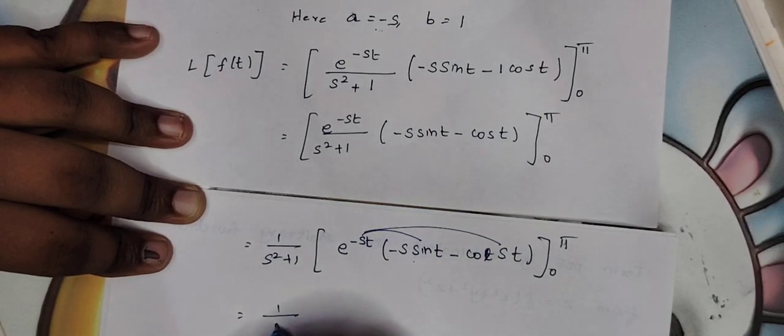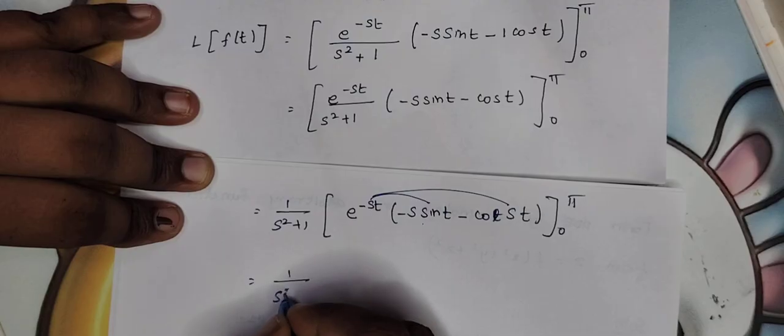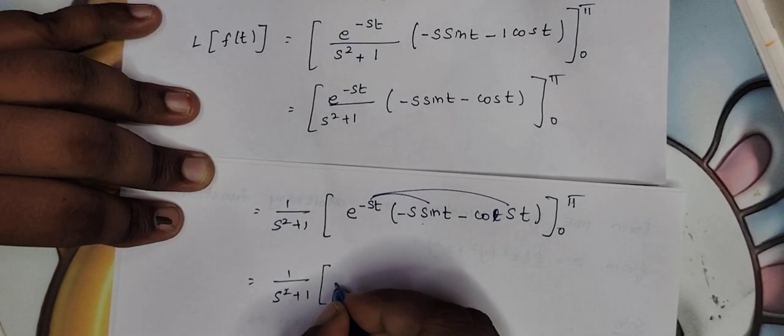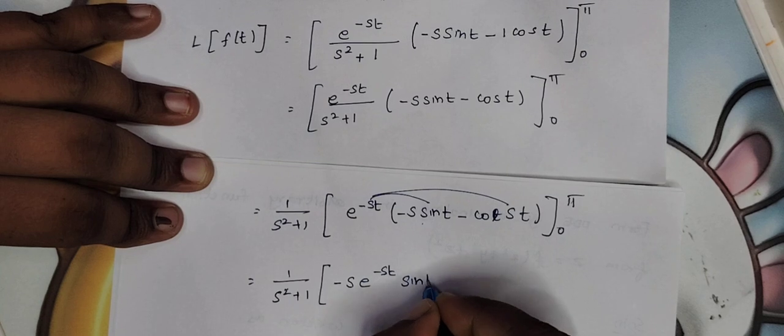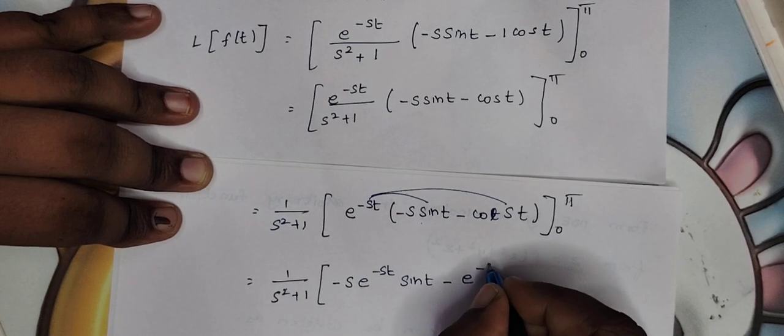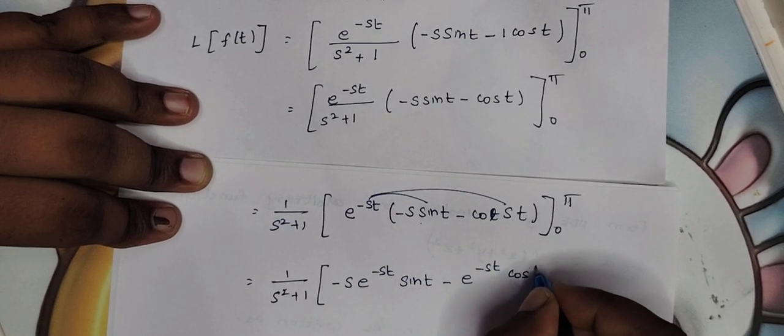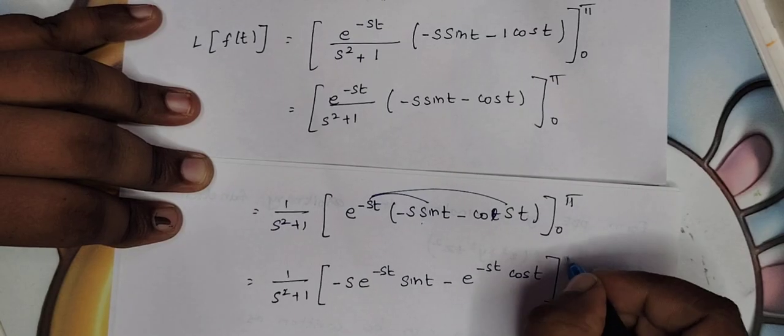So if I multiply, this is 1 by s square plus 1 into minus s e power minus st sin t minus e power minus st cos t, and the limits are 0 to pi.